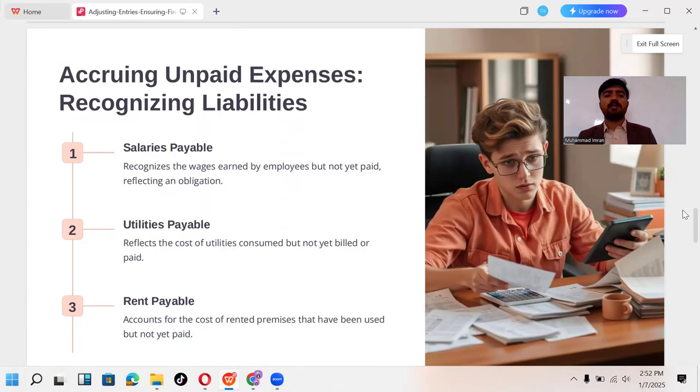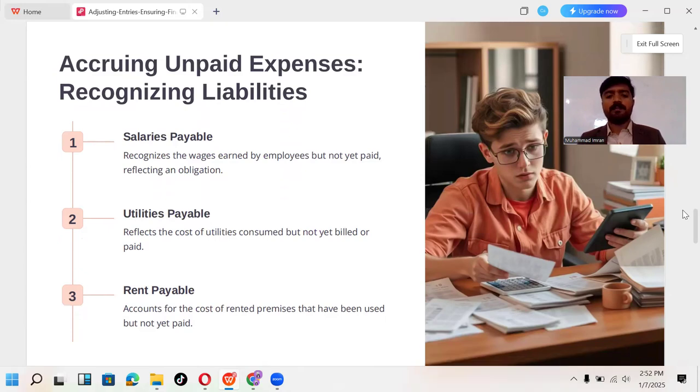For adjusting these kinds of entries, the expense accounts are debited, and the related liabilities like wages and utilities payable are credited.